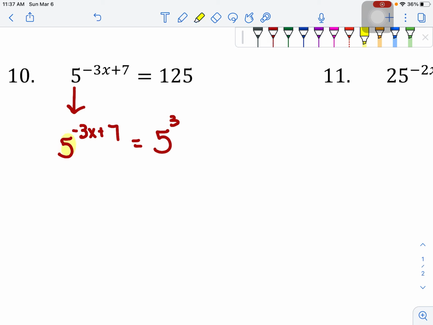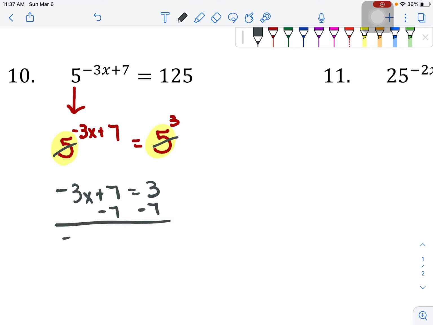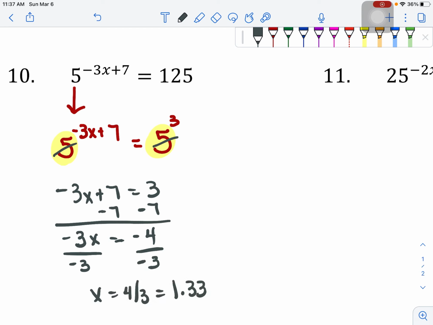And now the bases are the same, which means we can cross them out. Negative 3x plus 7 equals 3. Get the 7 out of there. Negative 3x equals negative 4. You can certainly have decimals and fractions. X is 4/3 or 1 1/3 or 1.33. Either way is fine.